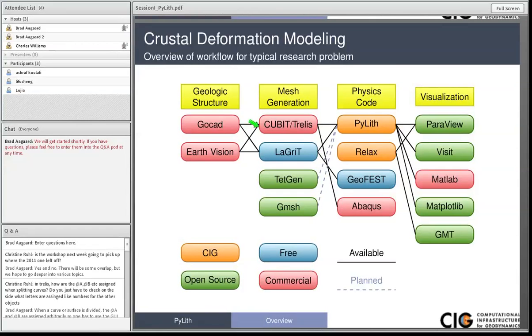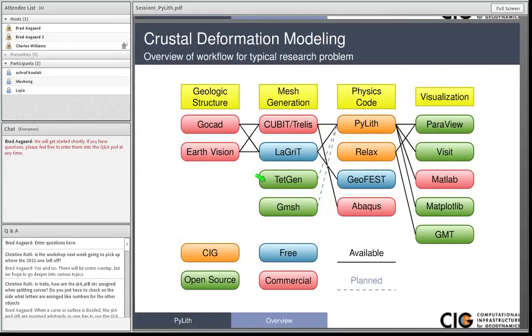Both of those meshing packages generally want their information about the geologic structure from somewhere. There are two commercial packages that have been used by the community to develop geologic structure models, GoCAD and EarthVision. We have in the past done some work with TetGen, which is another mesh generation tool.